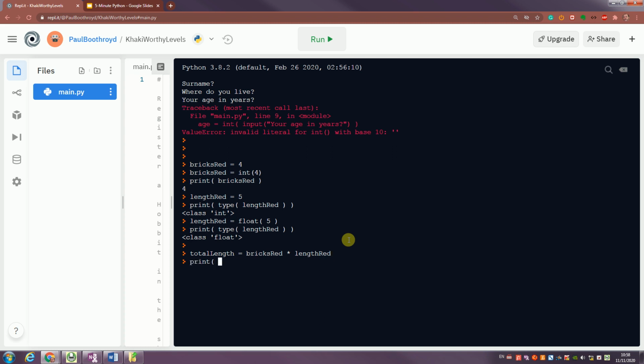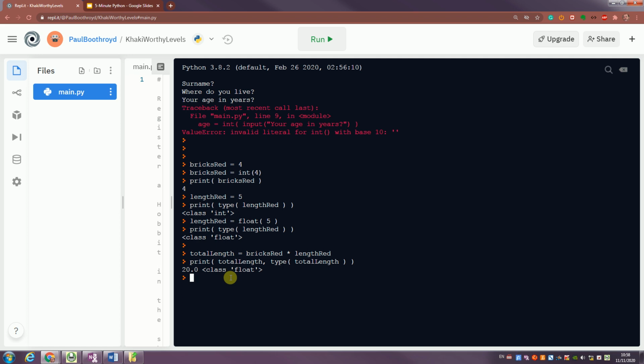And we also will print out what type it is. So the total length has come out as 20, and it's a type of float. Now by default, when Python prints out something it knows to be a float, it will do it as a decimal number. So I don't need in future to keep doing this type thing to check what type it is. It will be there for me.